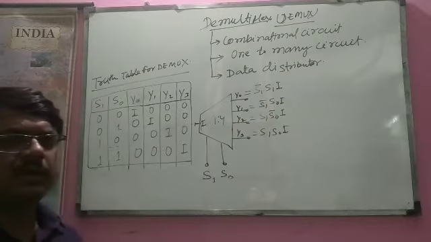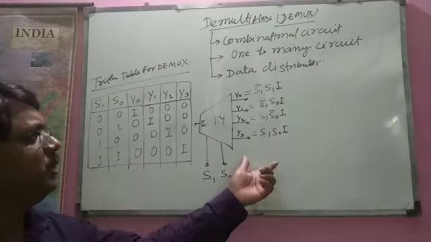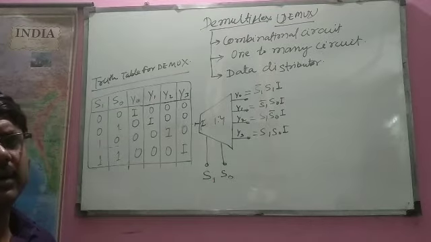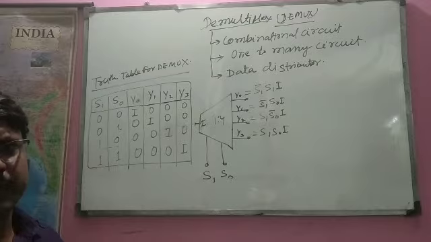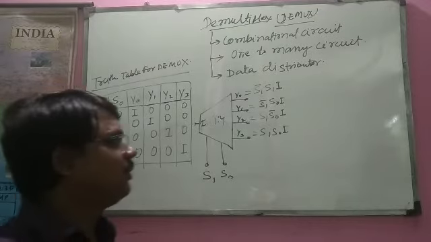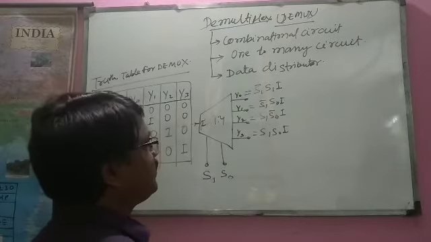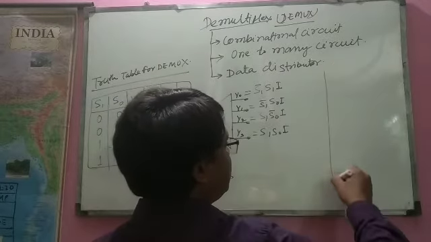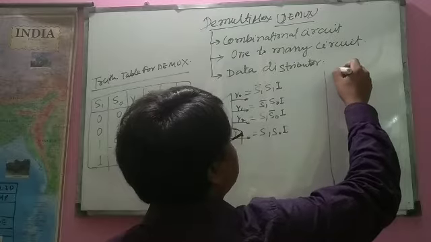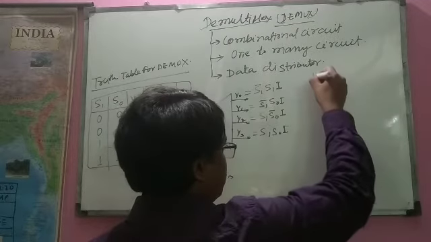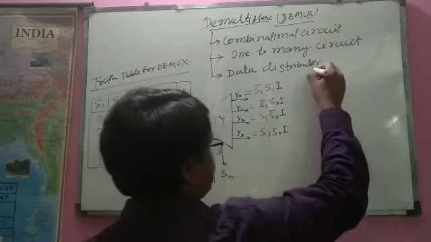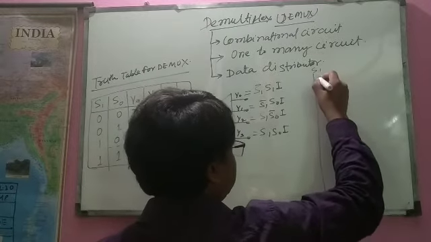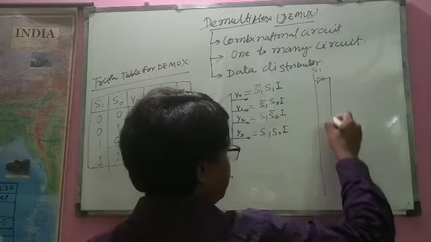And if anyone wants to implement this circuit, that is very easy. Why? Let us suppose these are the select inputs, this is S1, and we take its complement by connecting a NOT gate.